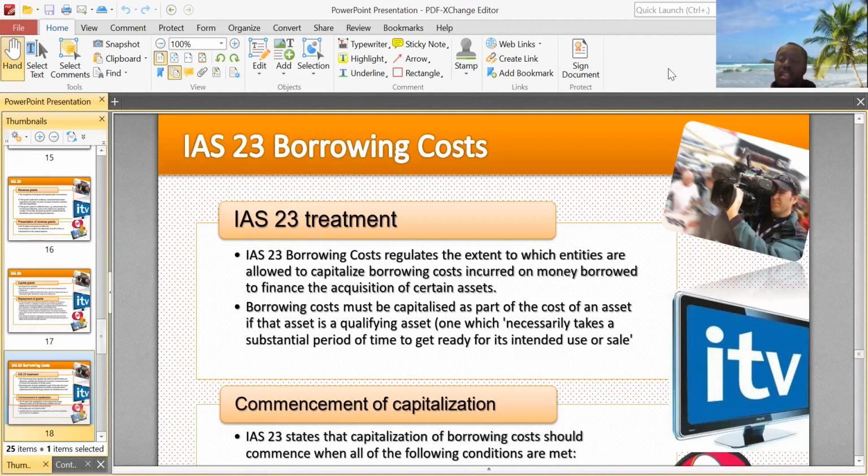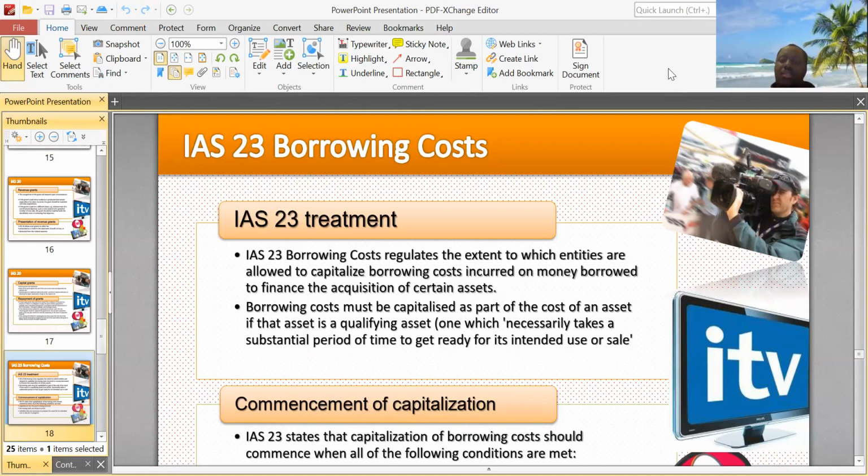So we all know that sometimes when organizations or individuals are buying certain assets, they do not buy it cash. They go to the bank, get a loan to buy the asset. It could be a plant, it could be some form of machinery, and they go to the bank to get this loan. And you know that banks do not give free money. And so there's always a borrowing cost for that loan that is received.